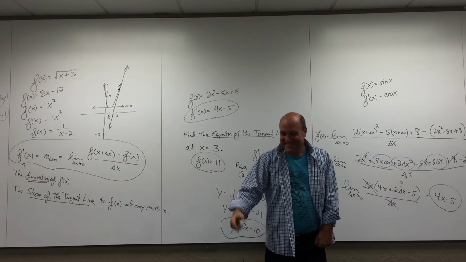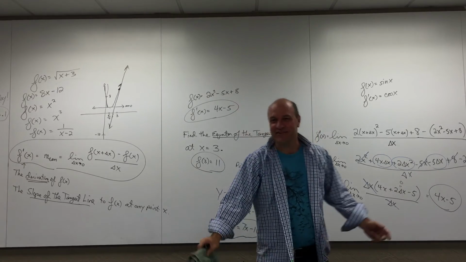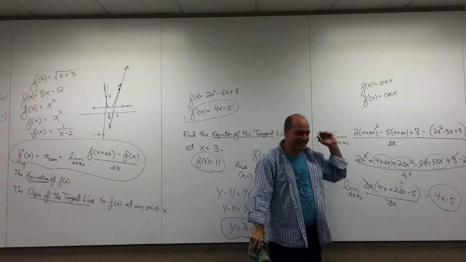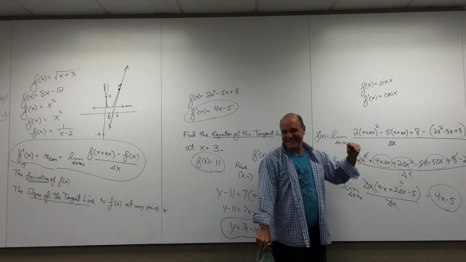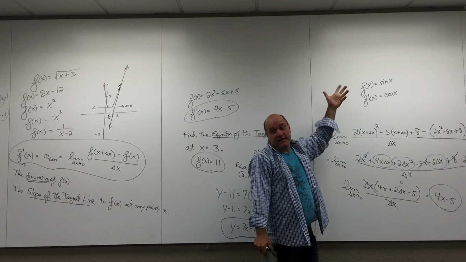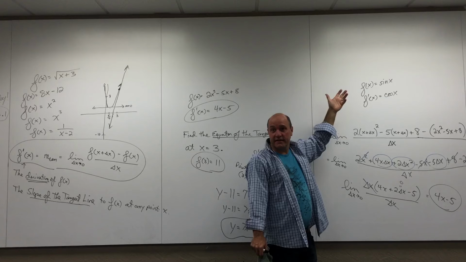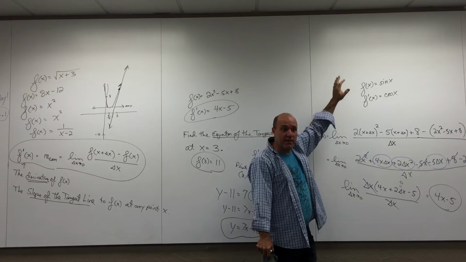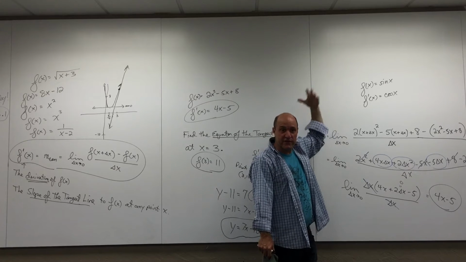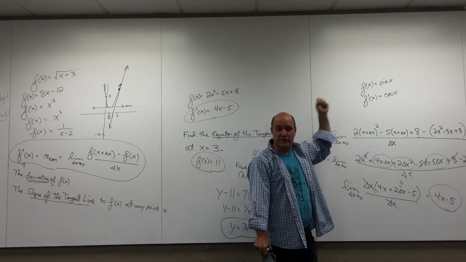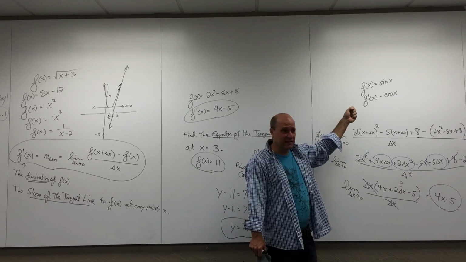It's not fair to time travel on you guys, is it? What am I saying? I'm saying the rest of your life, you memorize a lot of these things. The derivative of sine is cosine. The derivative of sine x is cosine x.